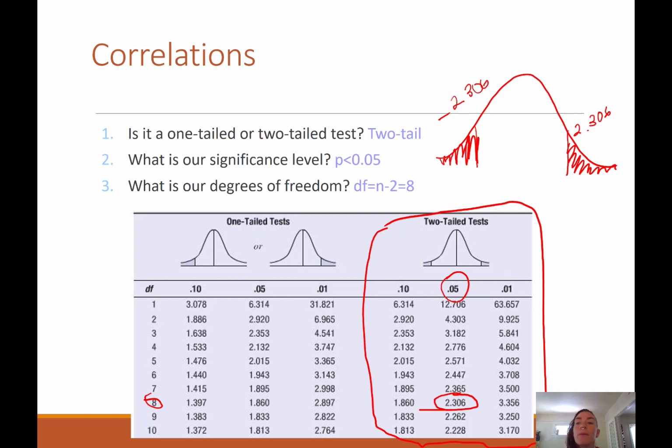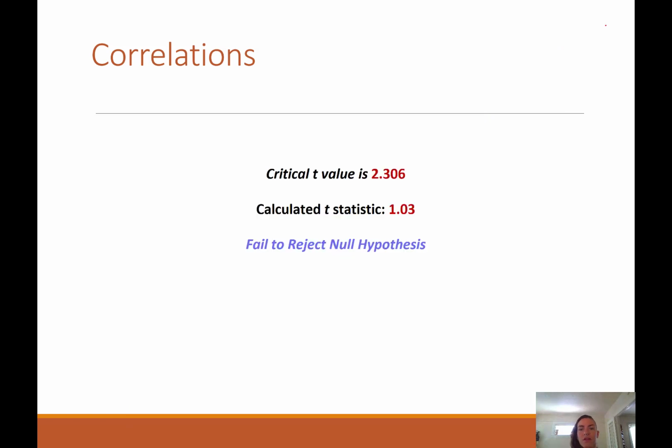My t-score is 1.03. So my score is not more extreme than the critical cutoff value, which means that I failed to reject my null hypothesis, and I do not have support for the claim that there is a significant relationship between the tendency to fall in love and the tendency to cry.